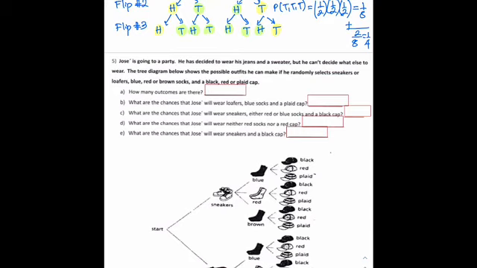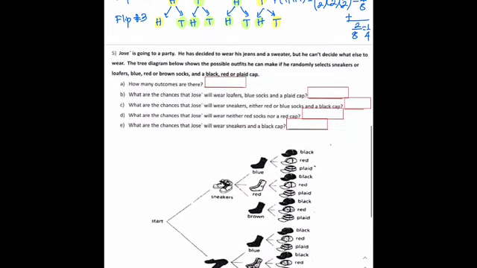So it's going to be 2 times, for the shoes we get 2 outcomes, for the socks we have 3 outcomes, and then for the caps we have 3 again. So the total will be 18 outcomes.